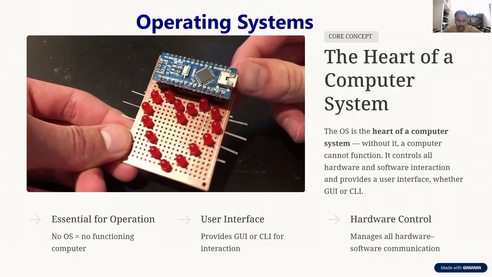Without an OS, a computer cannot function. It provides a user interface, which can be either a graphical user interface or a command line interface. It also controls the interaction between the hardware and software. So we can say that without an OS, there is no working computer.